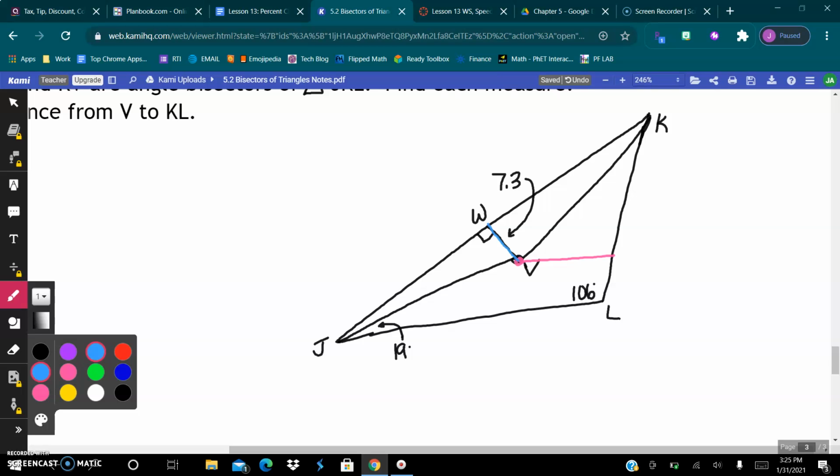Remember these three lines are all the same measure. I didn't do a very good job of hand drawing this triangle, but the pink line and the two blue lines should all be 7.3.